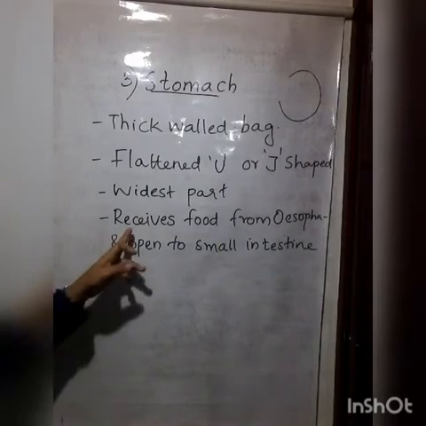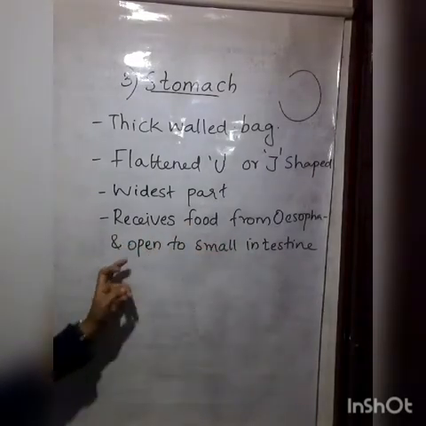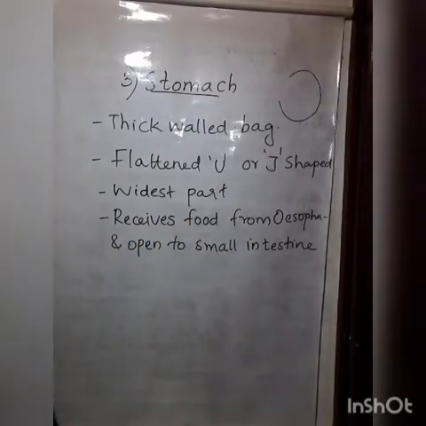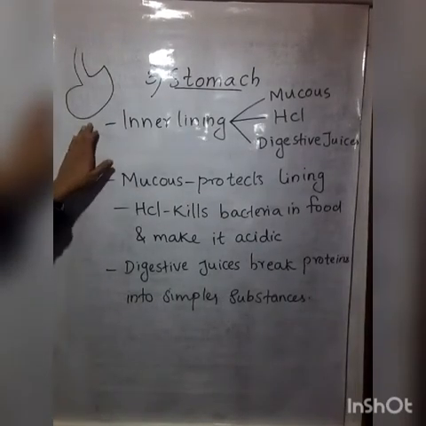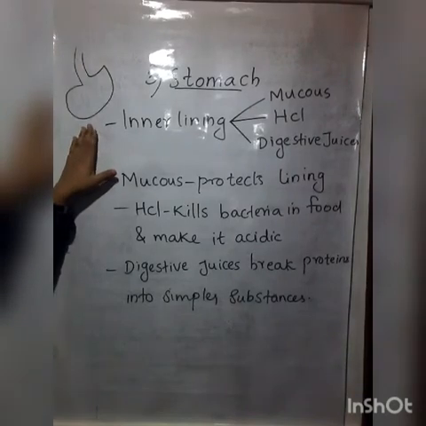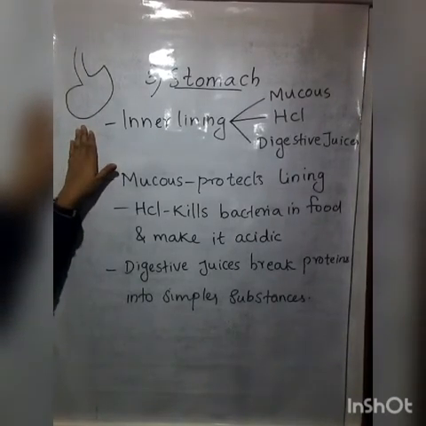Understood? It receives food from the esophagus and opens to the small intestine. The stomach has a flattened U or J-shaped structure.